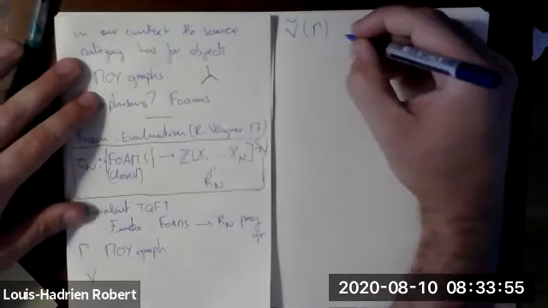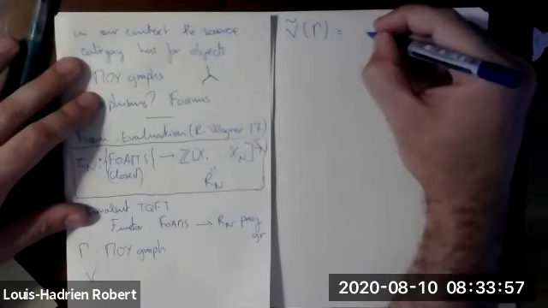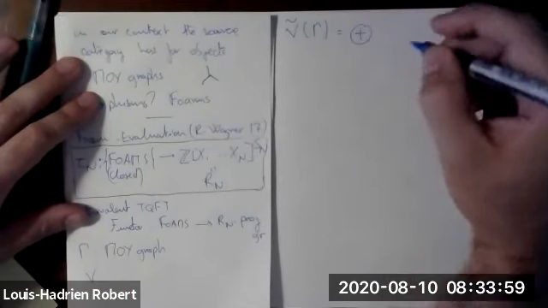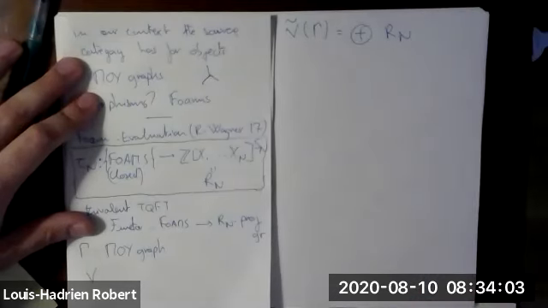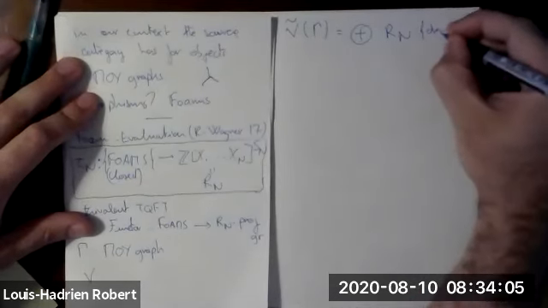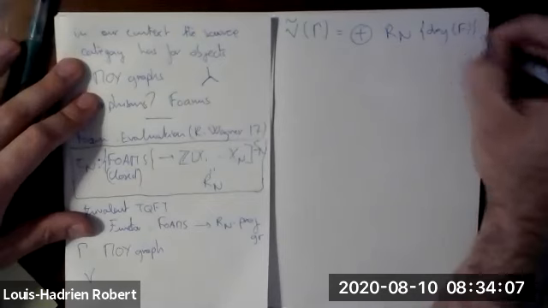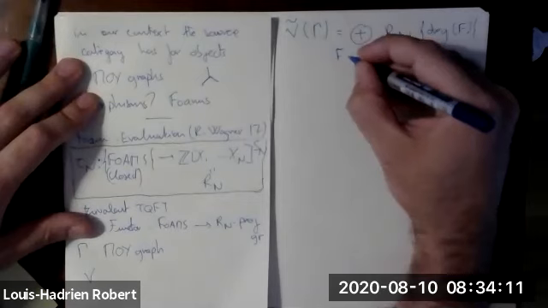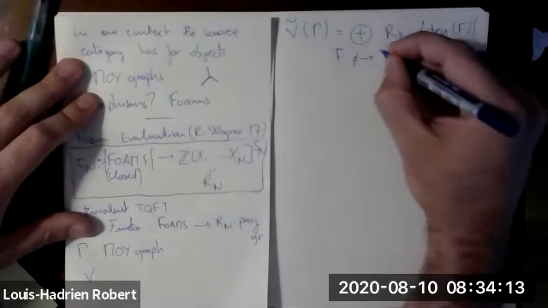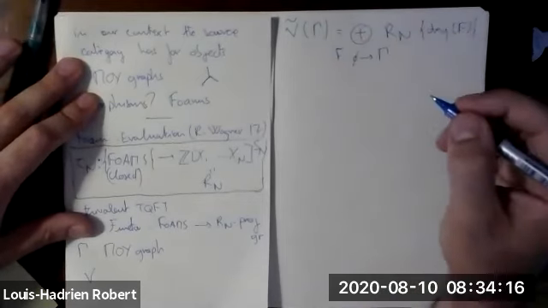I first define the V tilde of gamma, which is a huge stuff. It's a direct sum of a lot of copies of Rn. These are shifted with some degrees that I won't discuss, just for the sake of it. And I take a copy for each form which goes from the empty to gamma.